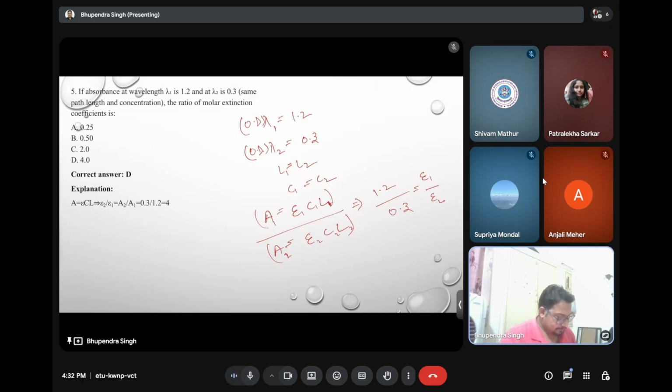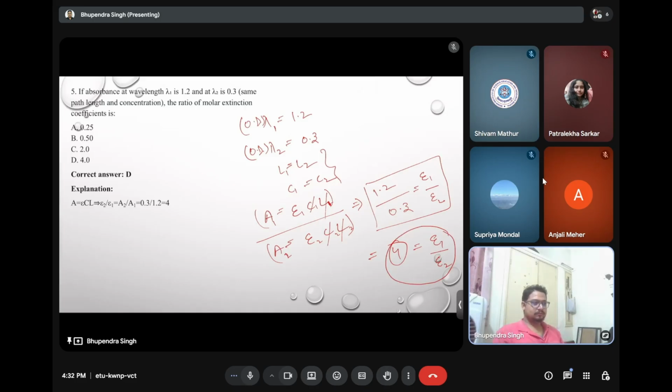So these are the same: C1 equal to C2, L1 equal to L2. This ratio you will get. What is the ratio? I think it is 4. Fine, right? This is simple. Yes, okay, everybody got it.